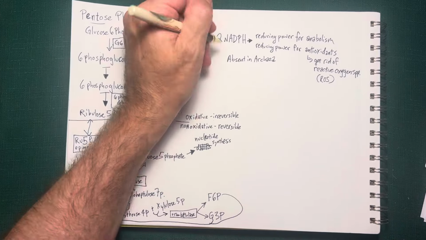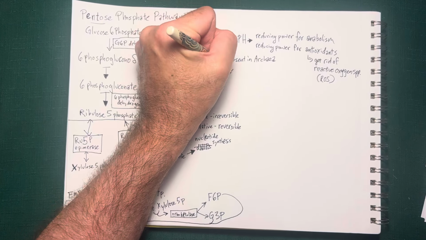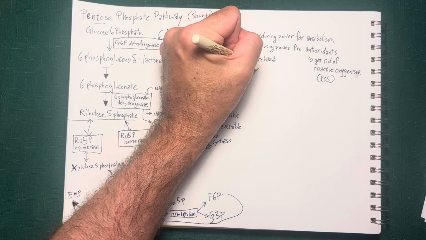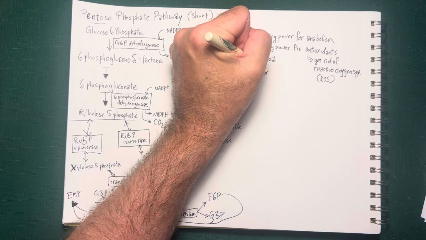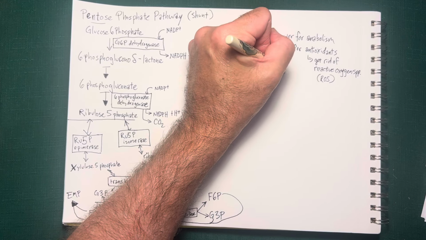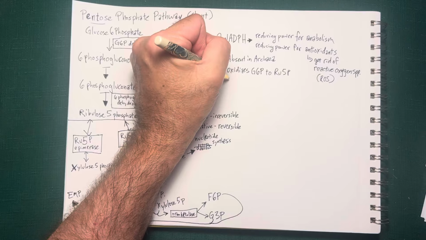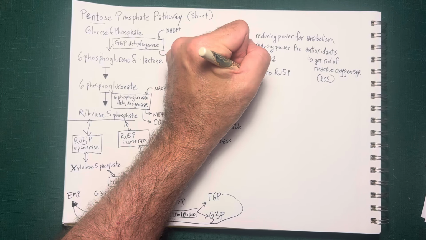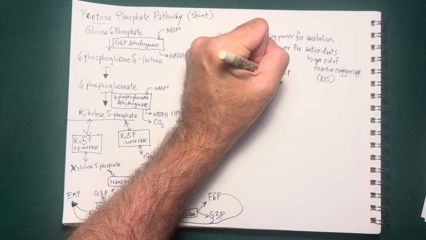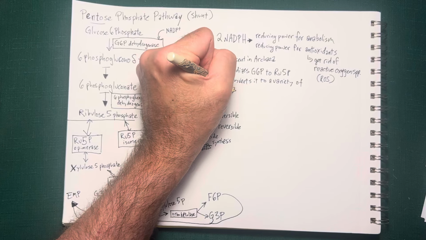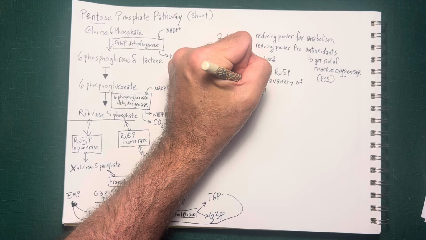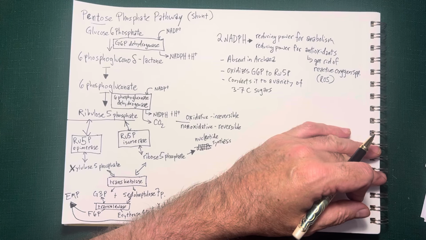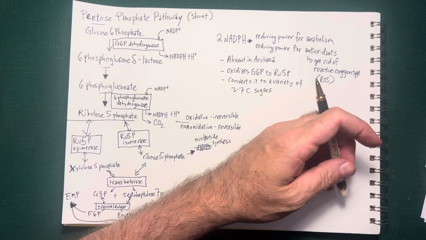So overall, what's happening in this pathway is that we are going to oxidize glucose 6-phosphate, I'm going to abbreviate it as G6P, to ribulose 5-phosphate and convert it to a variety of, well, I'll just say 3 to 7 carbon sugars, which can be used as feedstocks into other biological molecules.